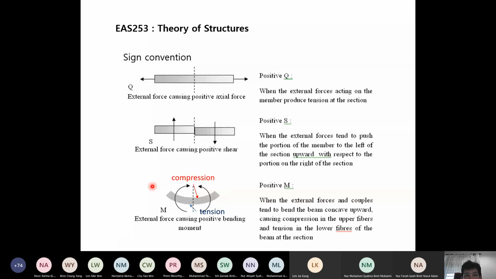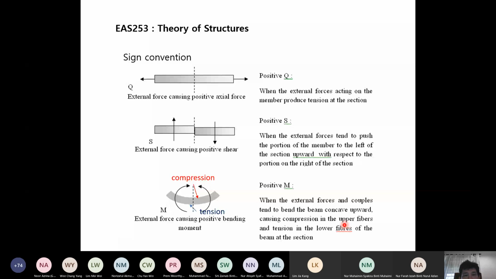It is important for you to take note when we go to one particular subtopic where you need to draw how the beam will bend under the loading acting on the beam based on the bending moment diagram.